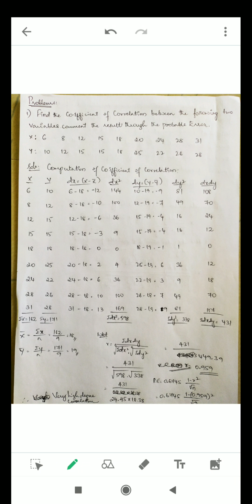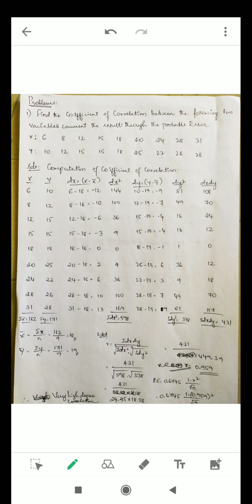The numerator stays 431, divided by square root of 598, which is 24.45. Here I have taken only 2 digits after the decimal; if you want, you can take 3, that's not a big issue. 24.45 into square root of 338, which is 18.38.